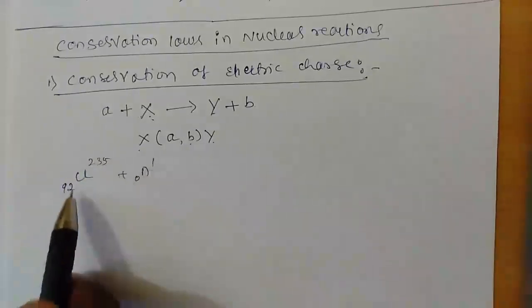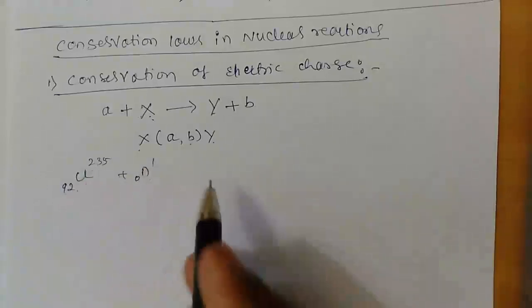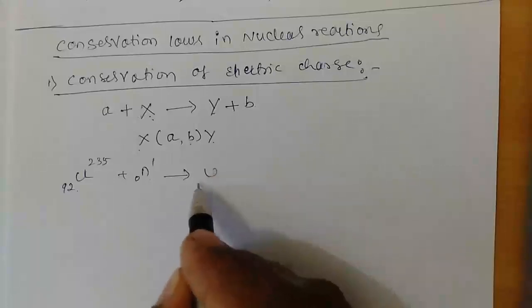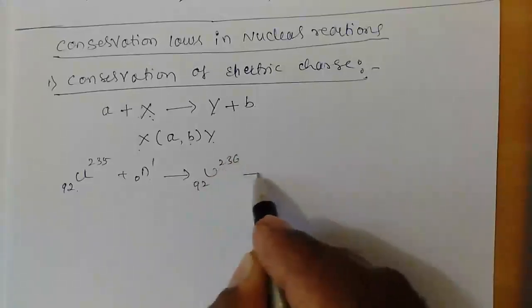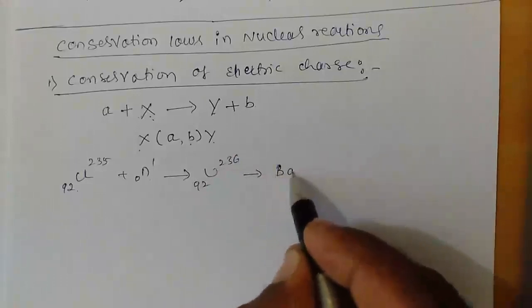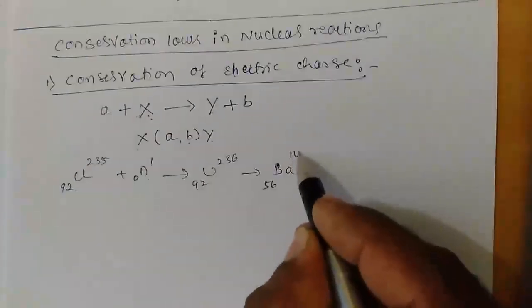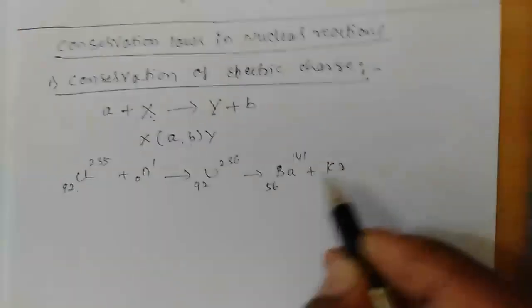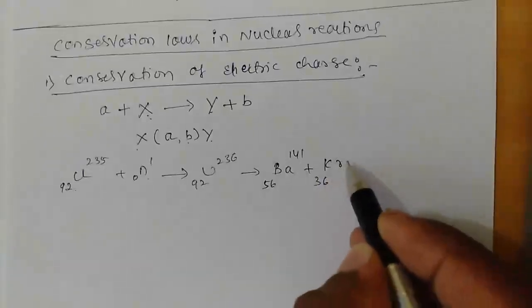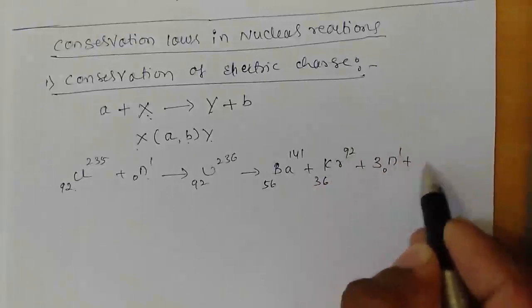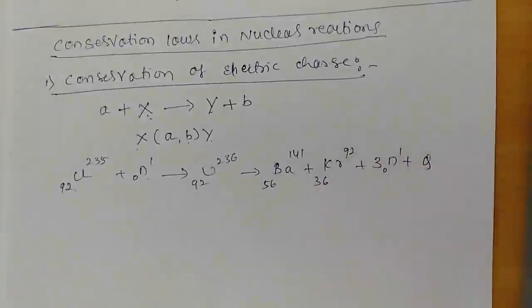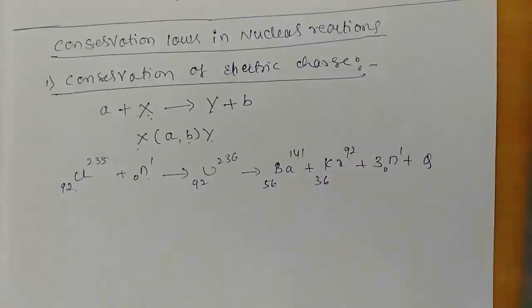Whenever the target nucleus uranium 92-235 is bombarded with a neutron, a compound nucleus, uranium 92-236, is formed, which again decays into barium 56-141 plus krypton 36-92, plus 3 neutrons, and energy is released. This is one of the nuclear reactions we are considering as an example.